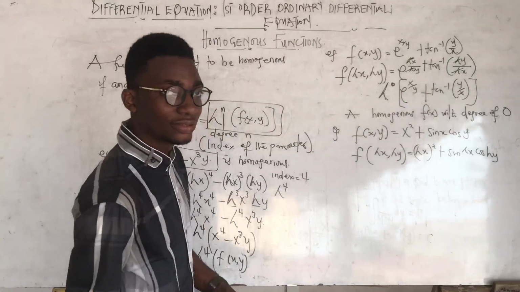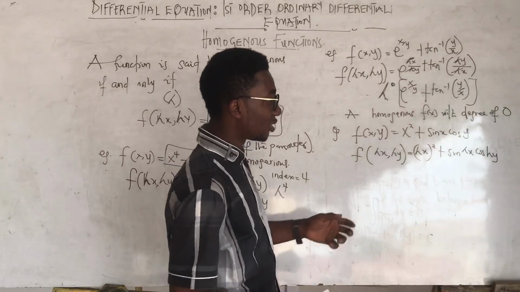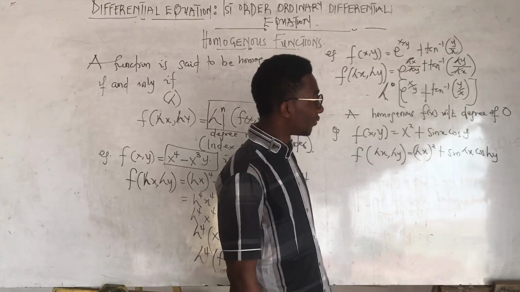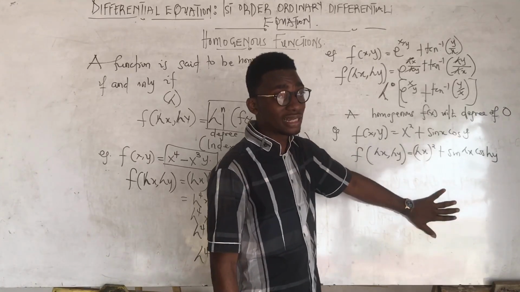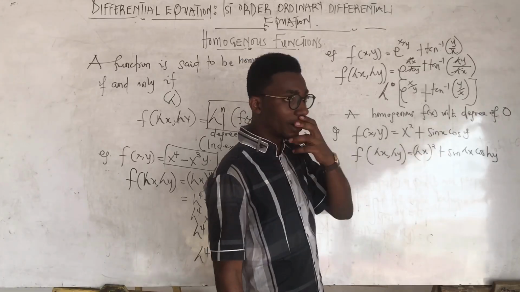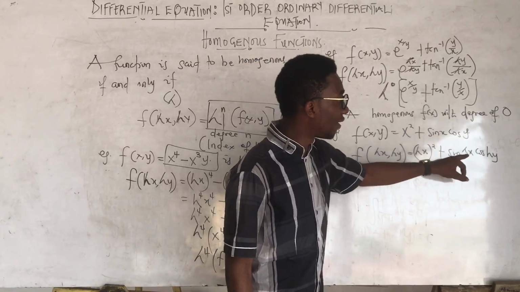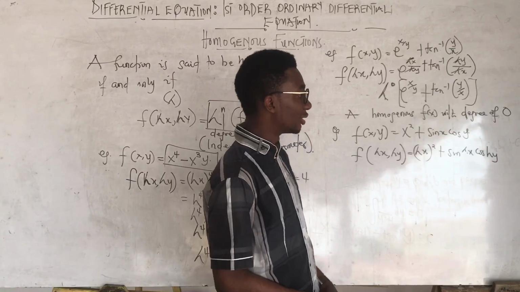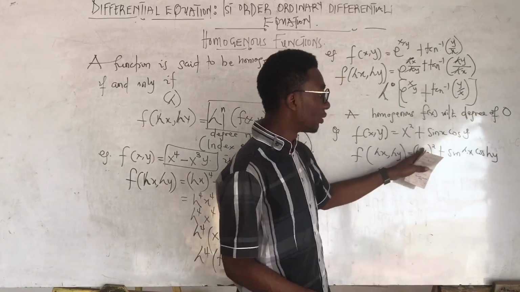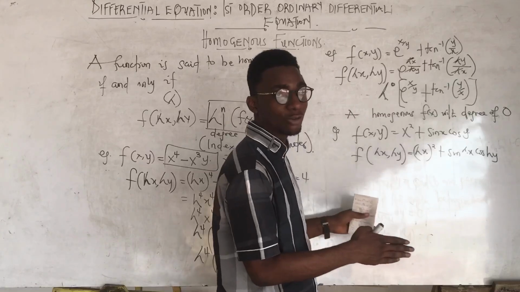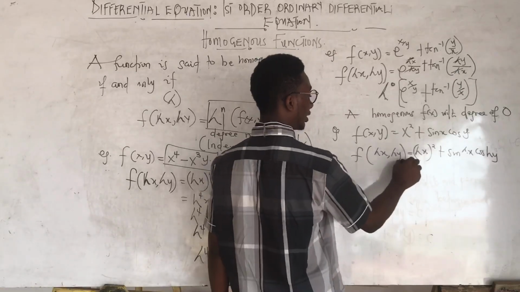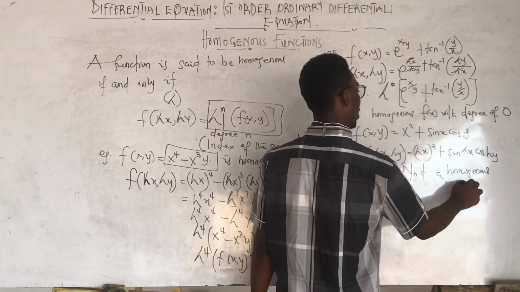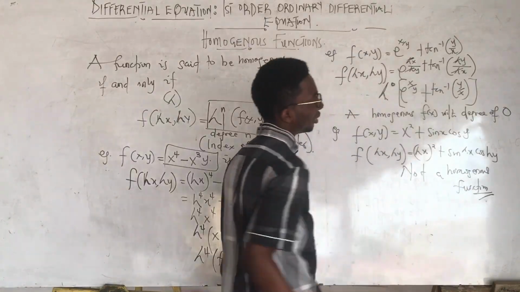There's no way you can factorize the lambda out. You'll be getting different degrees: a lambda of degree 2 and a lambda of degree 1. Since you can't factorize the whole lambda out to multiply the function, this is not a homogeneous function.